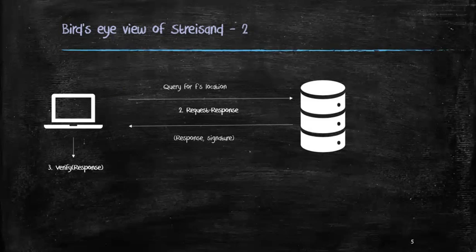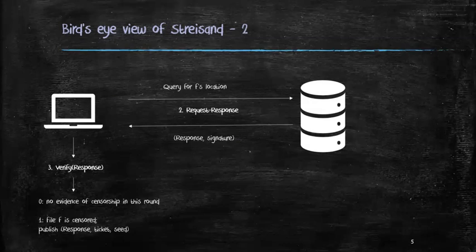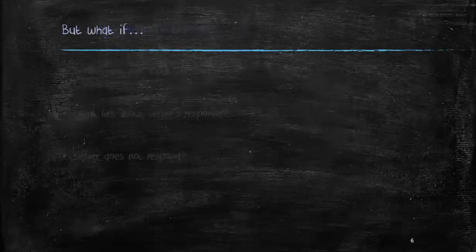The client then verifies this response, and if it does not find any evidence of censorship, it outputs a 0. And if it finds evidence of censorship, it outputs a 1 and publishes the response, the ticket, and the seed as proof that the file was censored.